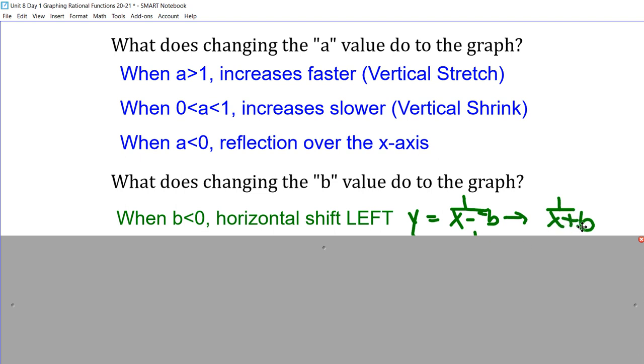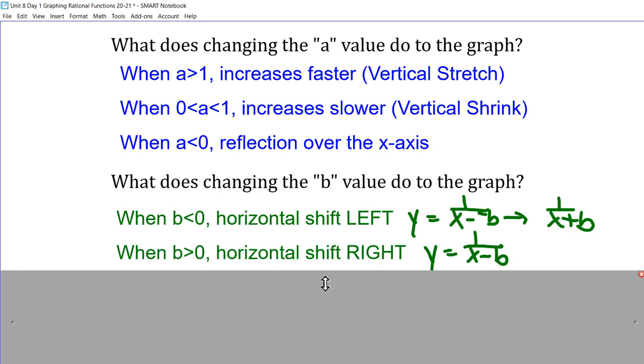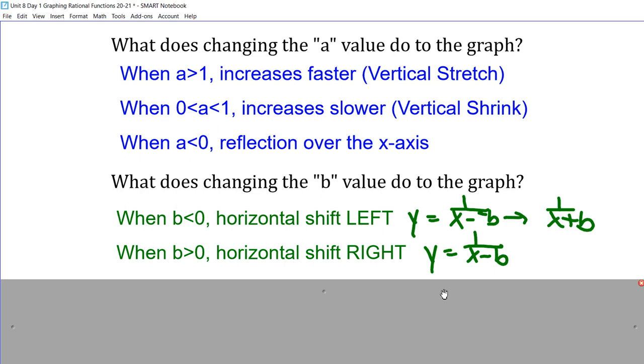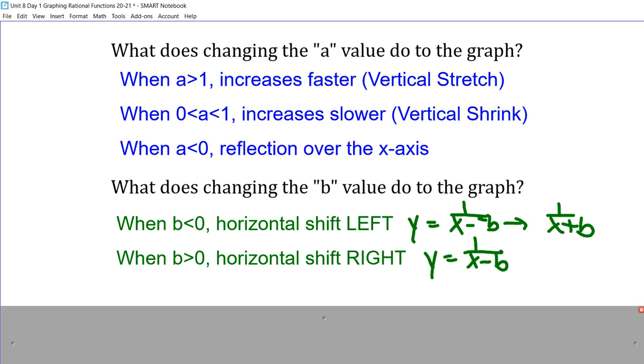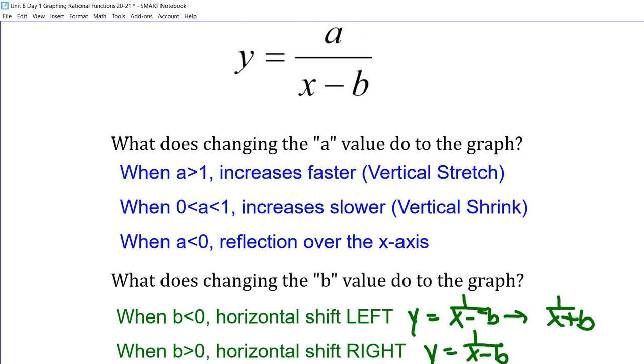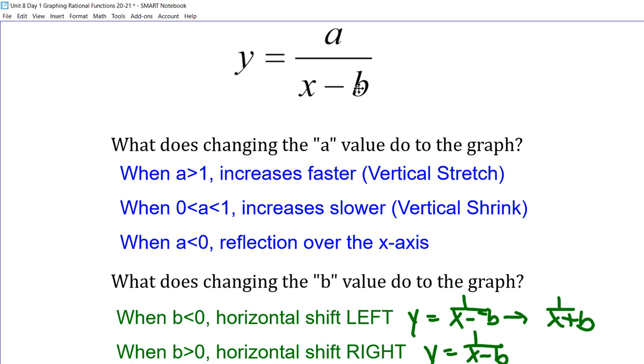Again, that expression would change to a plus b. And when it was a positive number greater than 0, notice how it shows up in the function as a minus b, it's shifting it to the right. So if we can identify those items within our template for our function, we can predict the changes and use the parent function table to make those transformations happen.